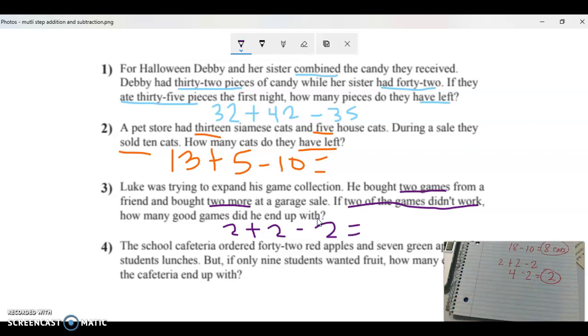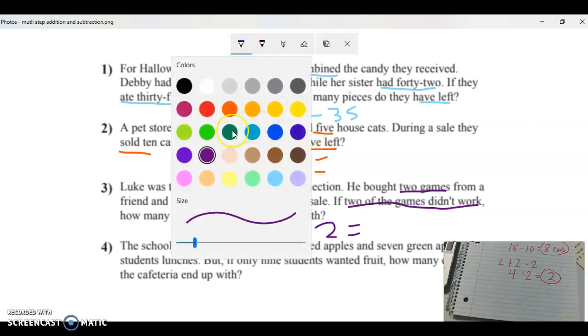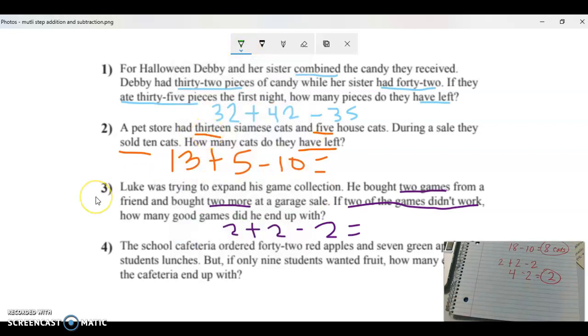Number 4. The school cafeteria ordered 42 red apples and 7 green apples for student lunches, but only 9 students wanted fruit. How many extra did the cafeteria end up with?